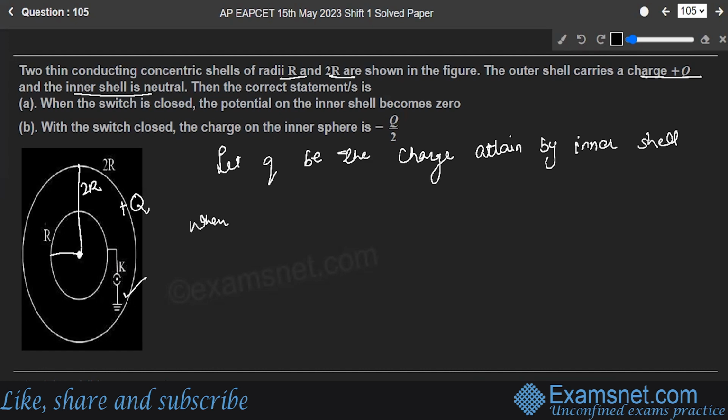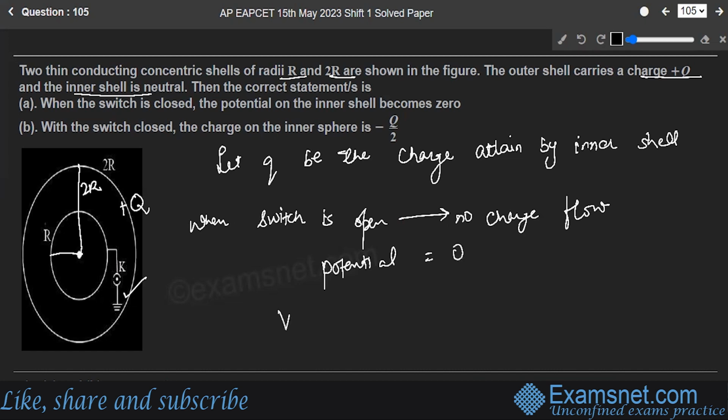When the switch is open, no charge flows. Therefore, V of the inner sphere is equal to 0.